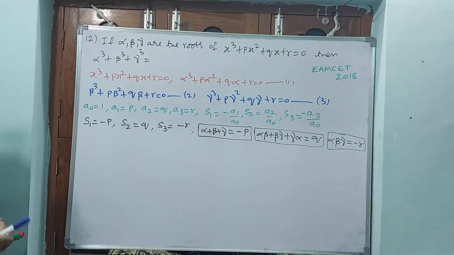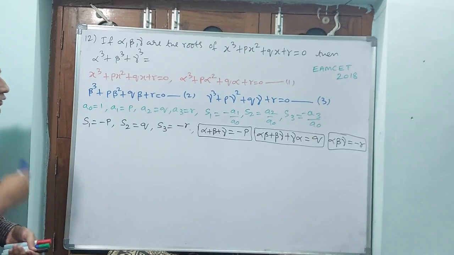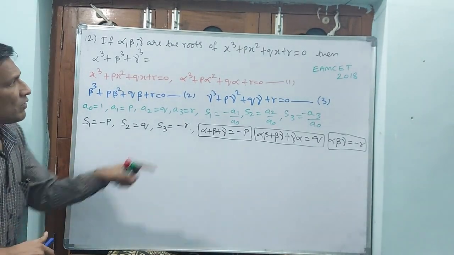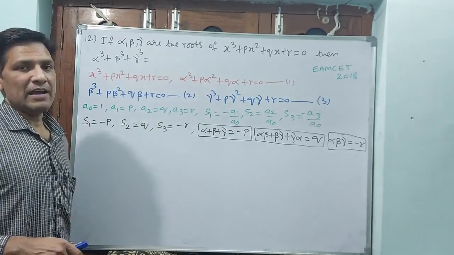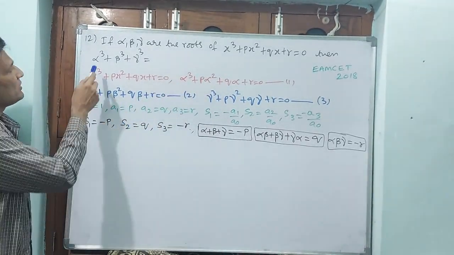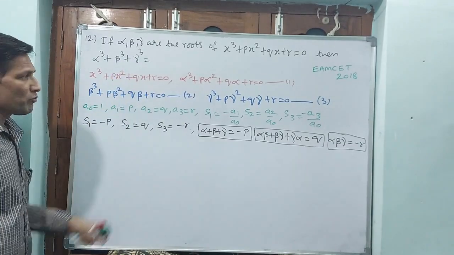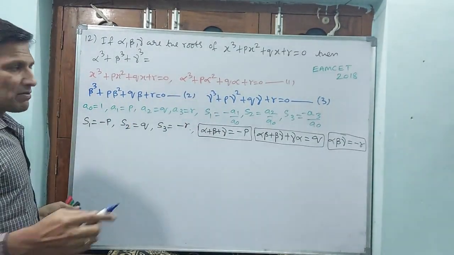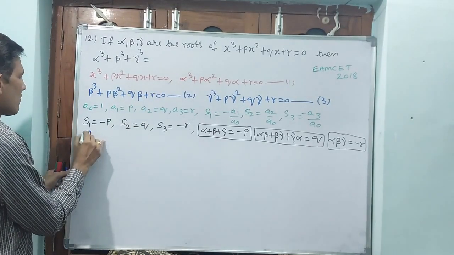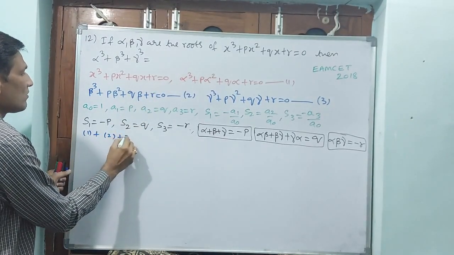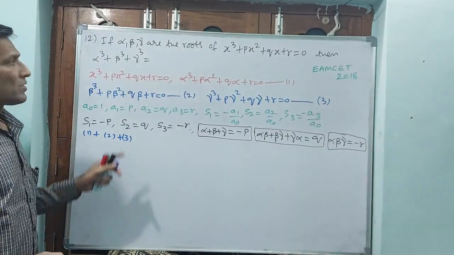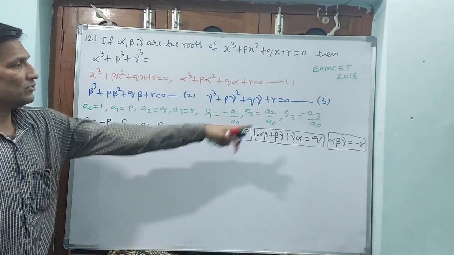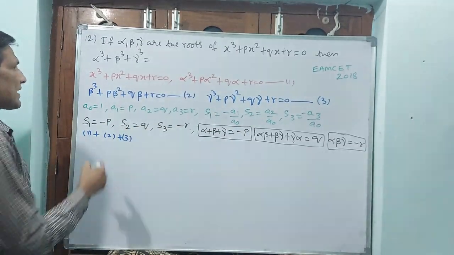Now you go back again. See what I am doing now. 1 plus 2 plus 3 I am adding. Why am I adding? To get alpha cube plus beta cube plus gamma cube, unless you add these three equations you are not going to get it. All three equations I am adding; that is why I have written equation numbers 1, 2, 3. Box this simply.